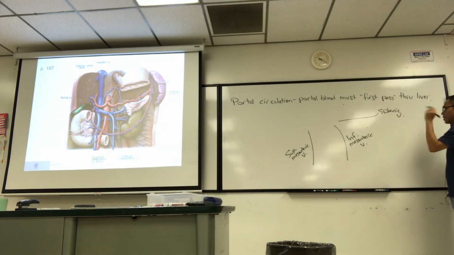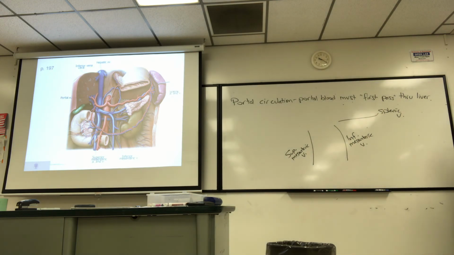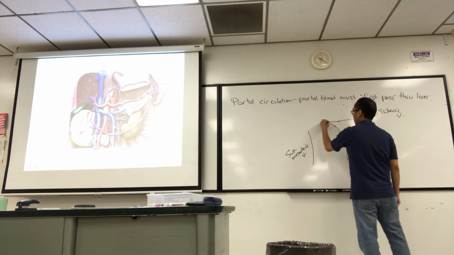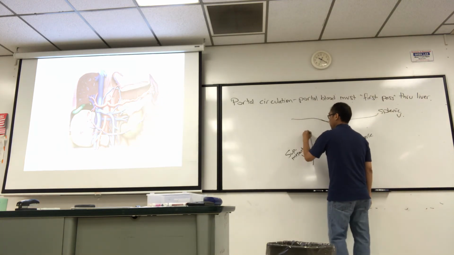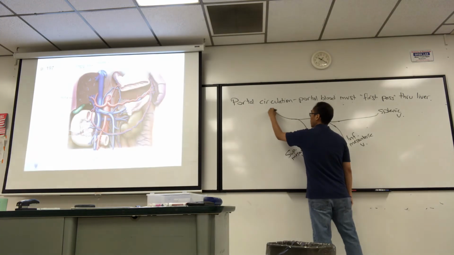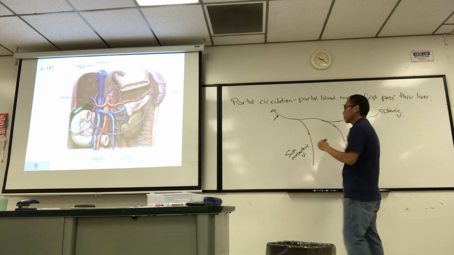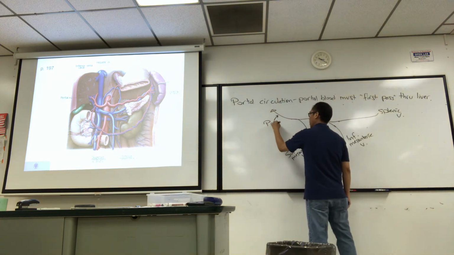So think about this. These three vessels, from the spleen and the superior and inferior mesenteric veins, are draining the spleen and all the intestines basically. So they're collecting a lot of blood. And how they all funnel together is these two meet, and this represents, what we said before, the hepatic portal vein, or just portal vein.